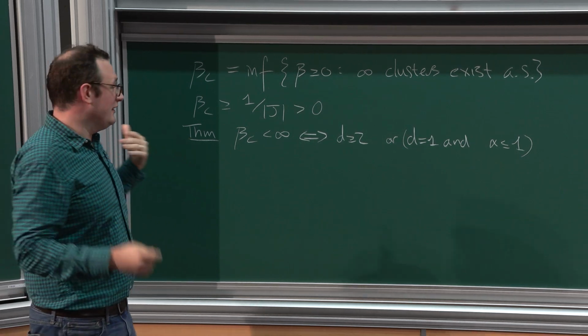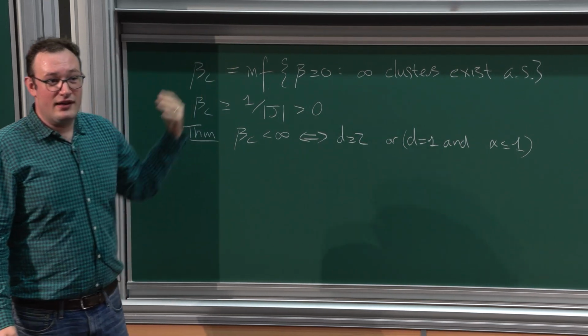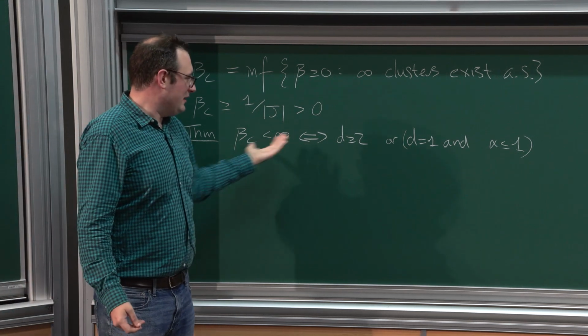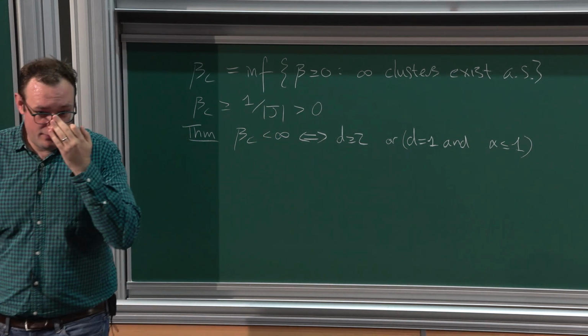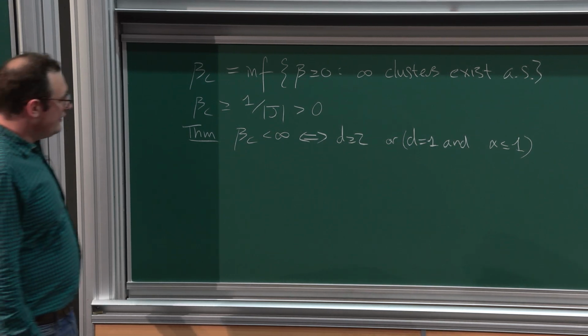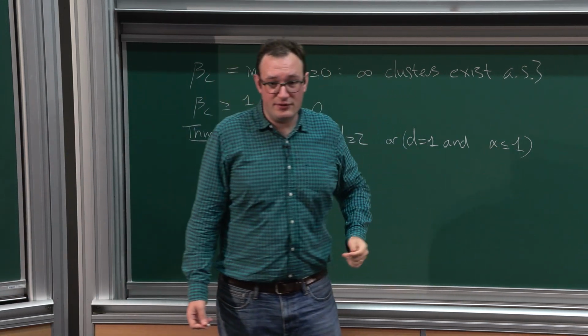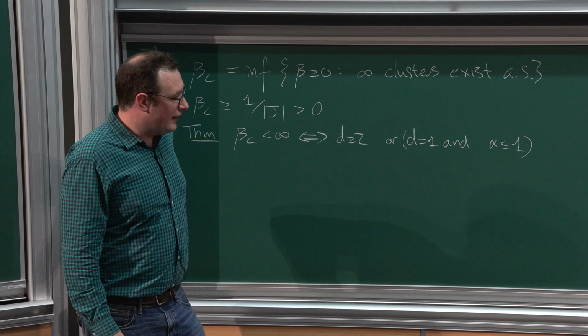So you get a comparison between the nearest neighbor model and the long-range model, which ensures that beta c is finite when d is at least 2. The case when d is 1, of course, doesn't follow from the comparison with the nearest neighbor model. And it's a harder theorem to prove, particularly in the case alpha equals 1, which is quite subtle.